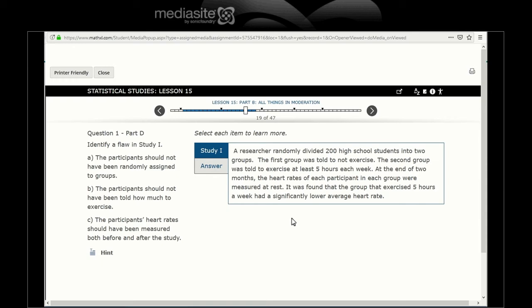So again, look, all the measurements were done at the end of 2 months.